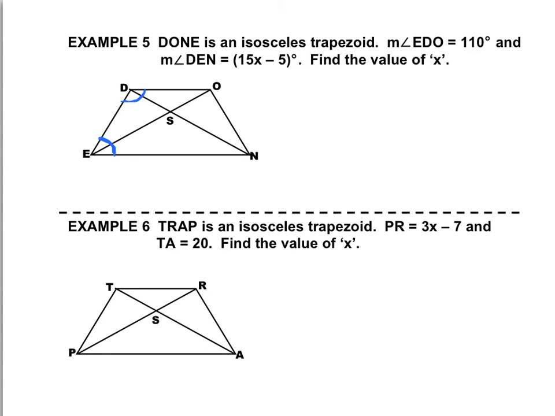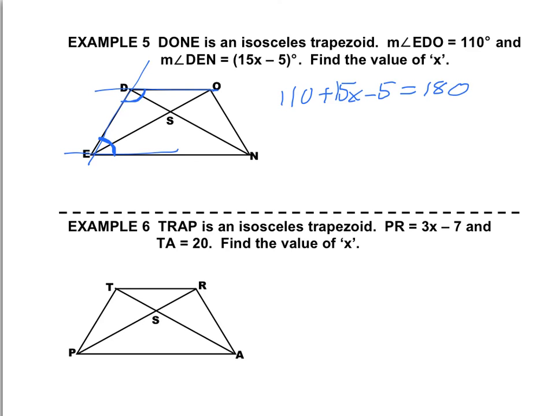Well, they don't want to know what DEN is. They want to know what X is. But what's the relationship between angle D and angle E here? They're same side interior, right? Because parallel lines cut by this transversal. So that means the 110 plus the 15x minus 5 has to equal 180.